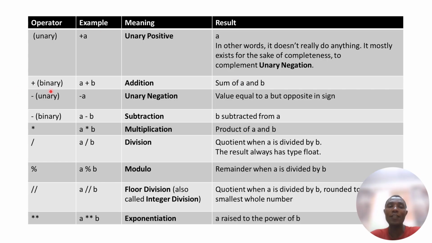Then we've got the binary plus. An example would be a plus b. This is an addition, the sum, where we are summing up the two variables, two values. Then we've got unary negative, unary negation, a value equal to a but opposite in sign.